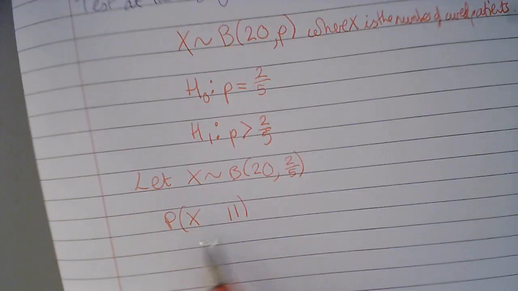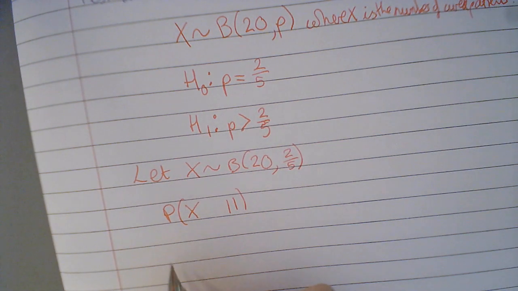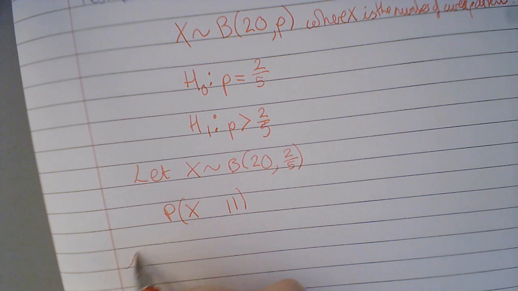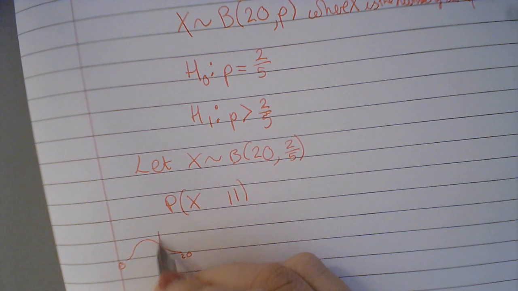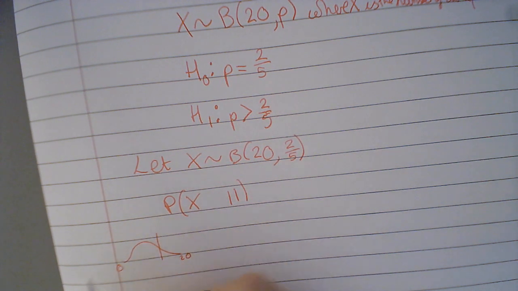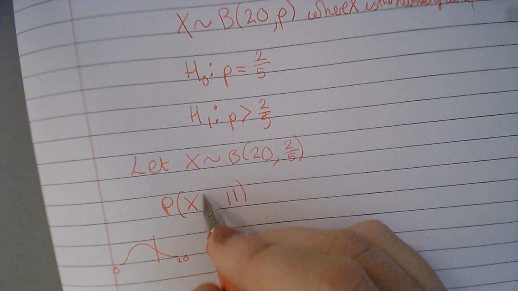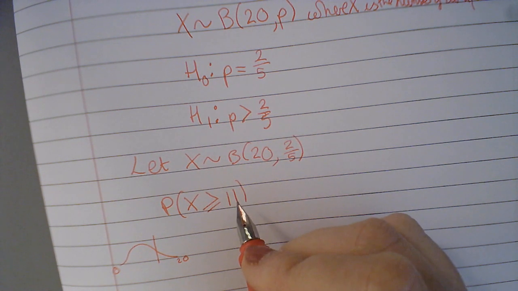Now, this test here is always this or more extreme. So when I'm looking at my distribution, this is going to be the 20 end, this is going to be the 0 end. 11 is going to be here somewhere, because it's closer to this end than it is to that end. So I'm looking for X greater than or equal to 11. Okay?